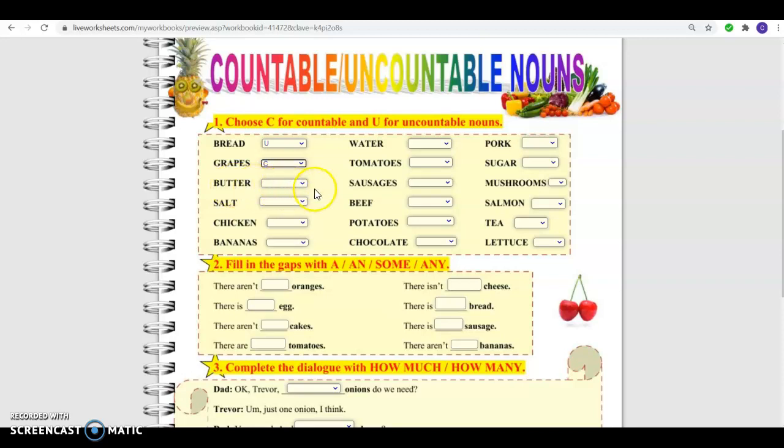Butter, mantequilla. What do you think about butter? Countable, uncountable? Uncountable. Good. La mantequilla también es uncountable. Salt. What about salt? Countable, uncountable. La sal viene en pequeñas partículas.